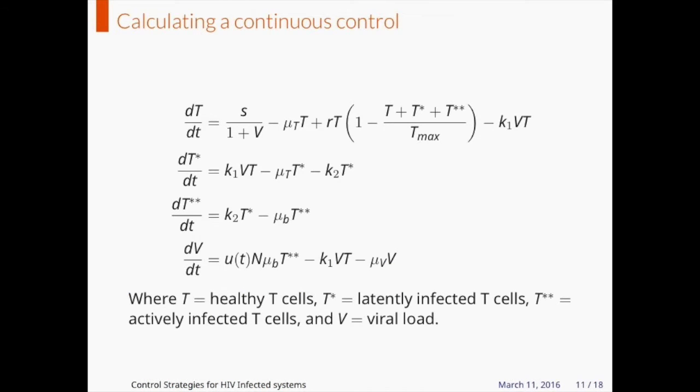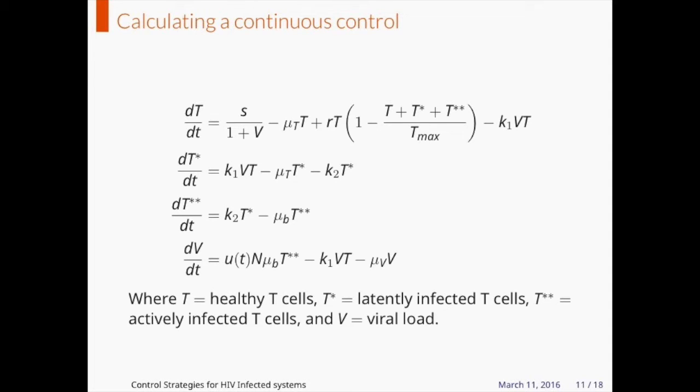We move to another system of ODEs, representing an HIV infected system. Here, T is equal to the healthy T cells, T star is equal to the latently infected T cells, T double star is equal to the actively infected T cells, and V is the viral load.